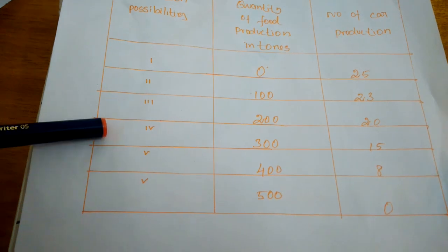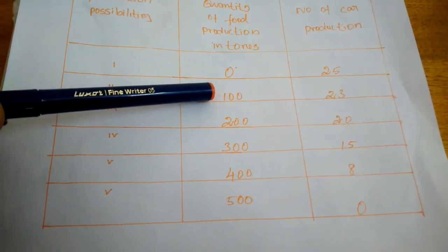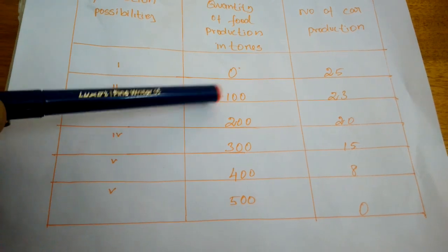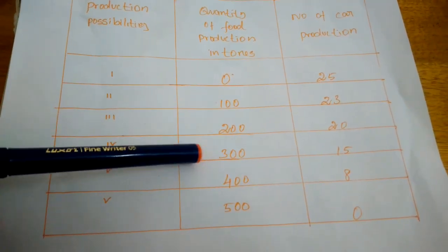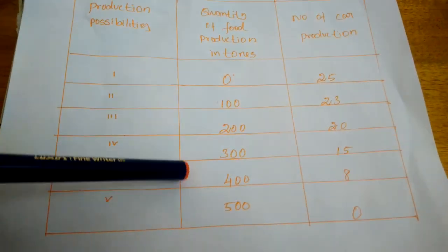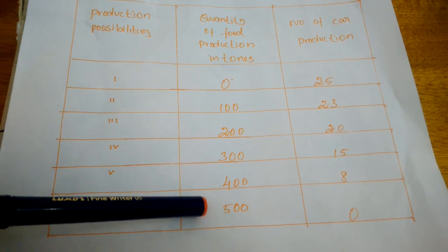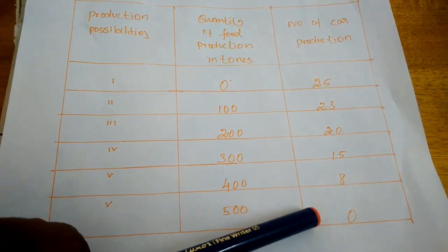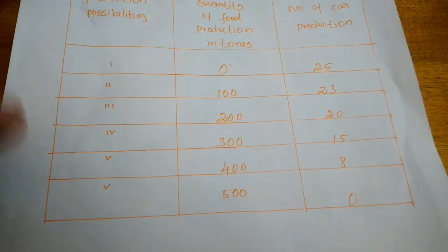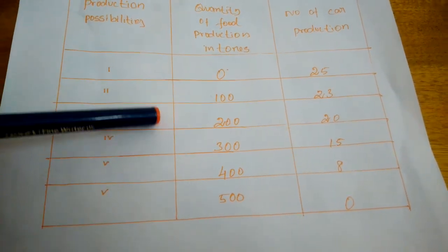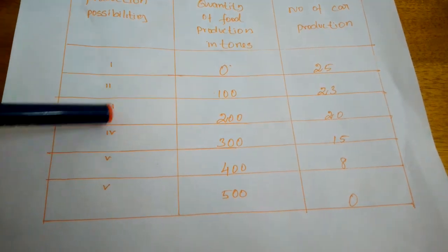Like that, there are six possibilities: 100 tons of food or 23 cars, 300 tons of food or 50 cars, otherwise only food production without any cars. So we have six possibilities, and we can choose any one of them on the basis of our economy.